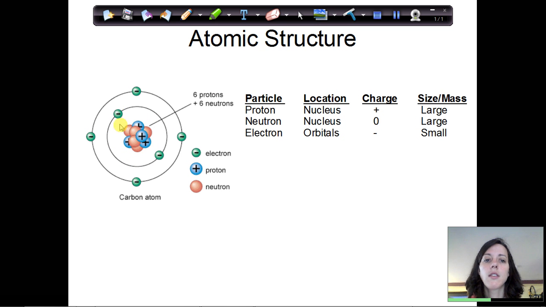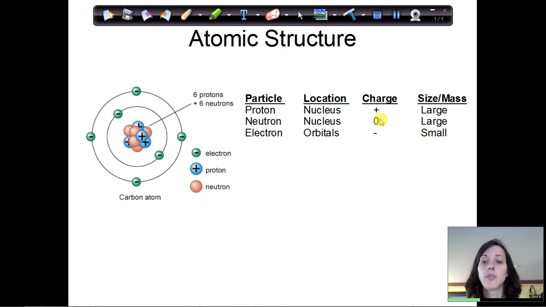Electrons exist in orbitals and they actually move around quite randomly. What these circles are meant to show are energy levels, and we will talk much more about that later on in the year. What is important right now is that you know protons and neutrons are in the nucleus, whereas electrons exist in orbitals around the nucleus.